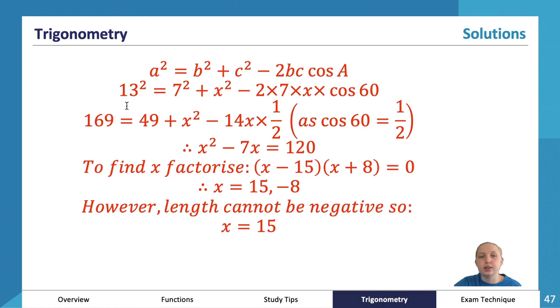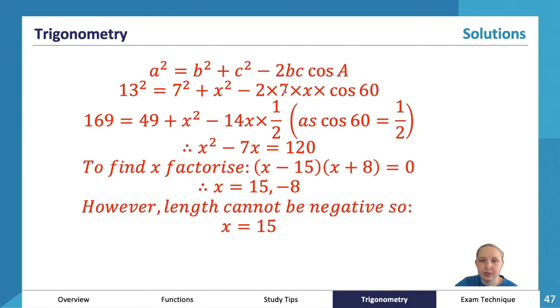Anyway, so then we get 169 equals 49 plus x squared minus 14x times a half, as cos 60 equals a half, which is why we get this half here. Again, we're remembering that cos 60 is an exact value, which we know is equal to a half.